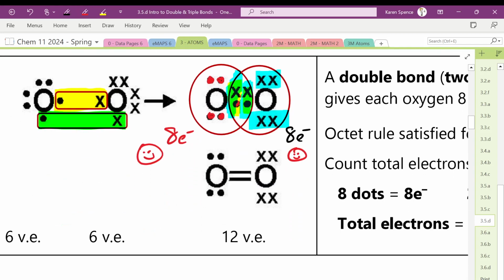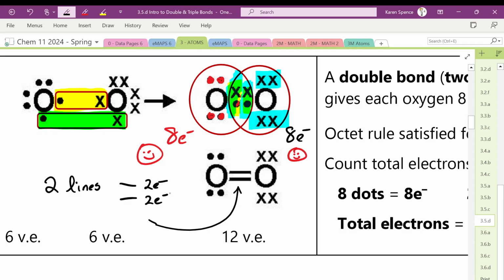So we take a look at this and we go, oh, okay, that's great. And we can redraw it with, instead of having those 2 pairs of electrons drawn as dots or X's, 2 lines, okay? One line is 2 electrons, the other line is 2 electrons.